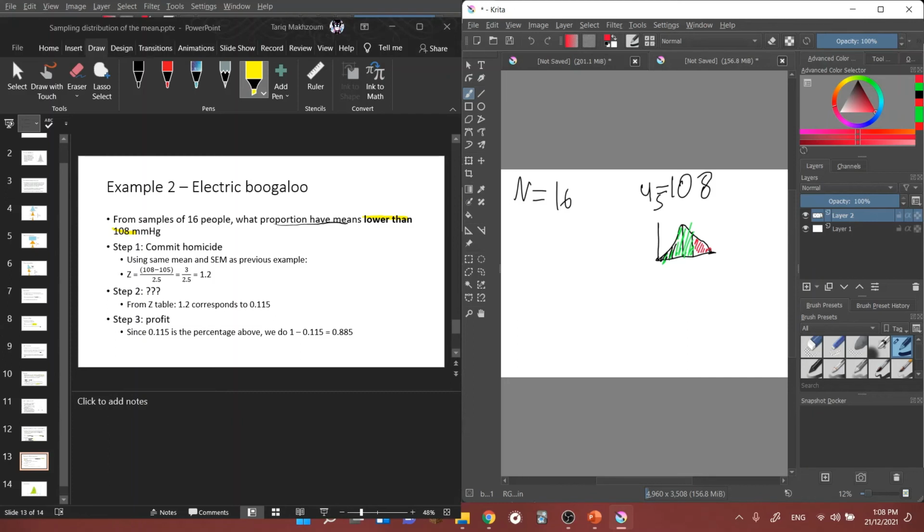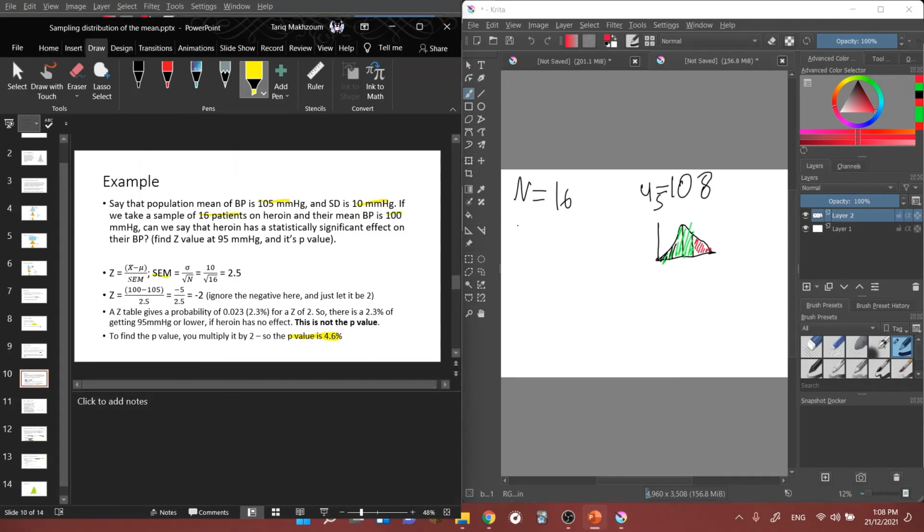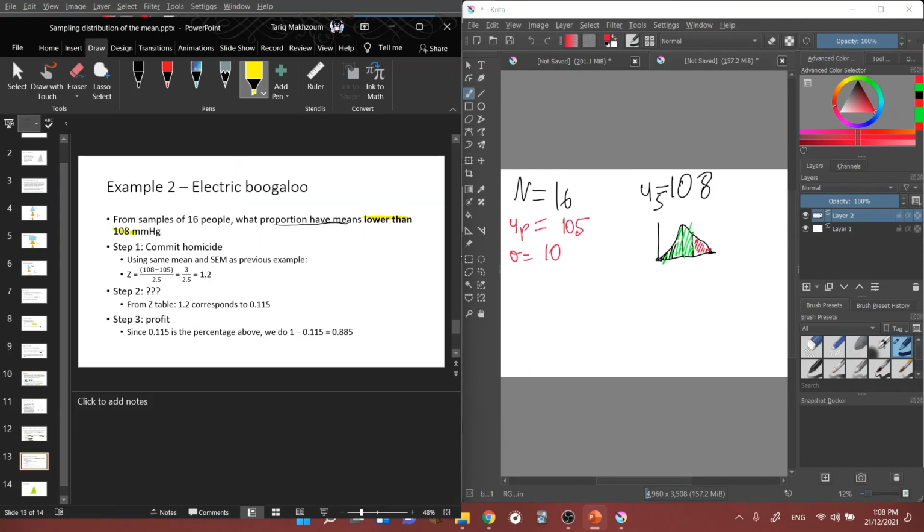Because this example is building off of the previous example, we can just take the population mean and standard deviation from that. To find the standard error of the mean, just to recap, you take the population standard deviation and divide it by the square root of the sample size.